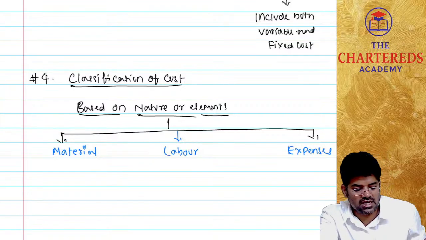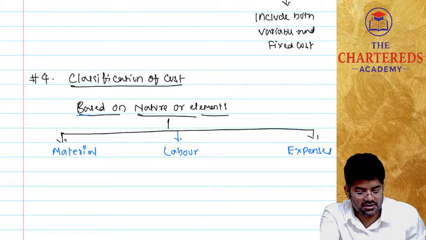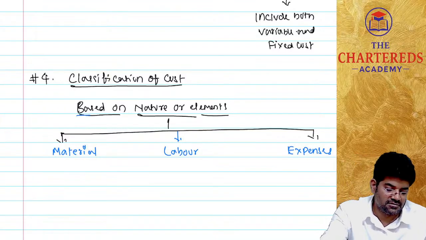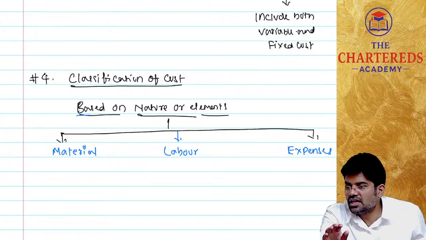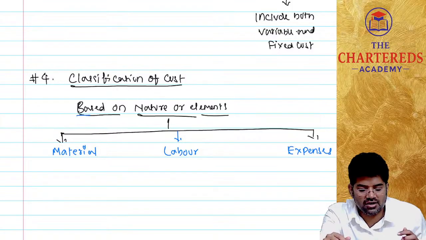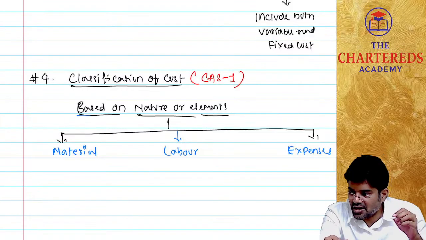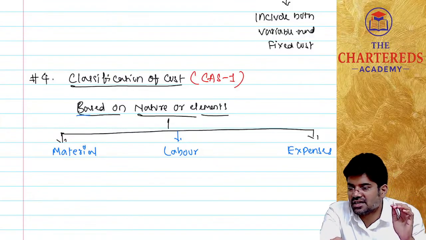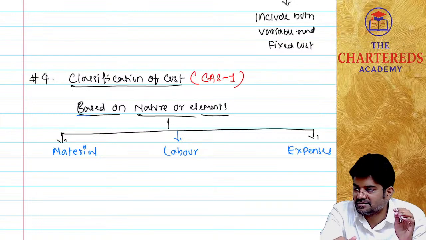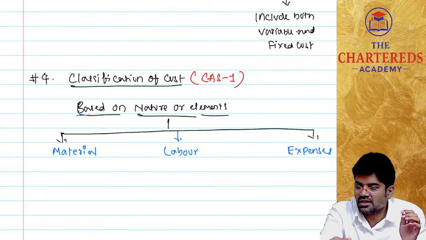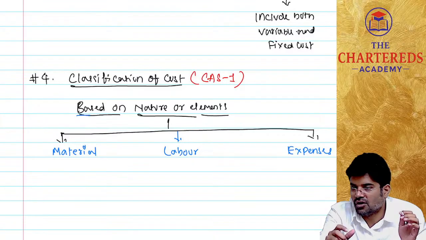This is the first classification you have. And this also we are learning from cost accounting standard. Classification of cost is given under cost accounting standard number 1. That standard has given this classification, and we are learning that only. CAS1 covers classification of cost.